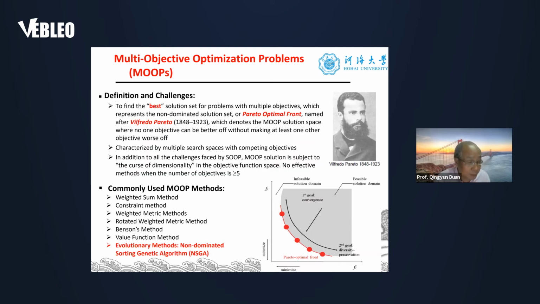So we talked about SOOPs. SOOP is for a single objective function, and even for multi-objective problems, we converted them into a single objective function. Now we talk about a true multi-objective optimization approach, solving MOOPs. The definition of MOOP is to find the best solution set, not a single solution, but a solution set with multiple objectives, which represents non-dominated solutions.